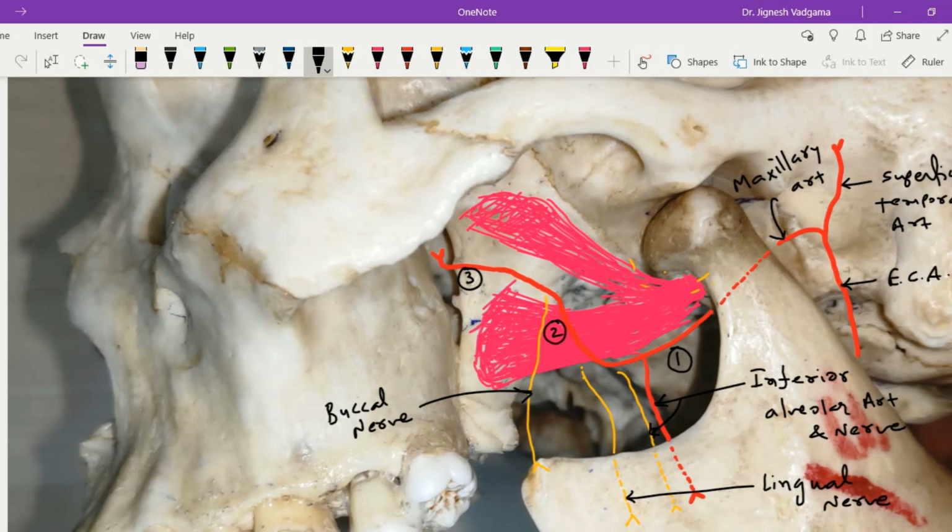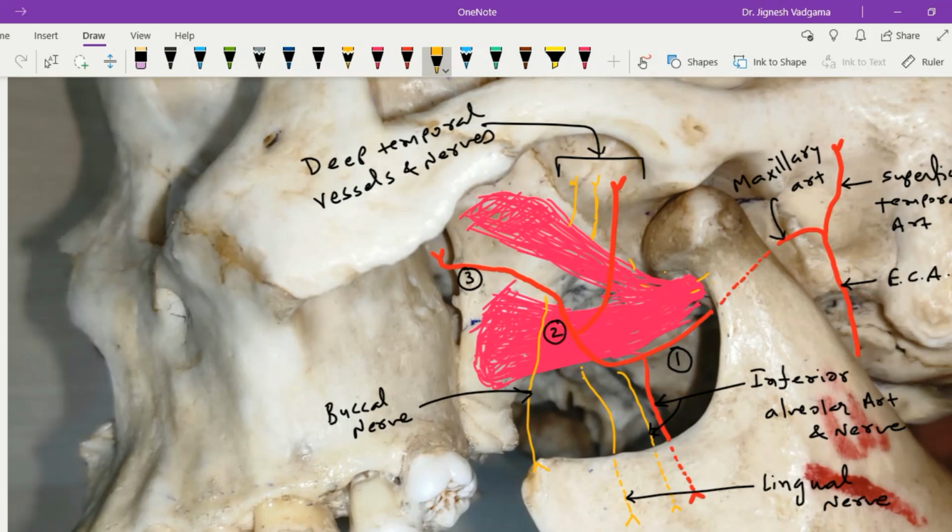The structures that pass above the upper head of the lateral pterygoid muscle include the branch from the second part of the maxillary artery, that is the deep temporal artery. Along with the deep temporal artery, the deep temporal nerves also pass from the upper border of the lateral pterygoid muscle.